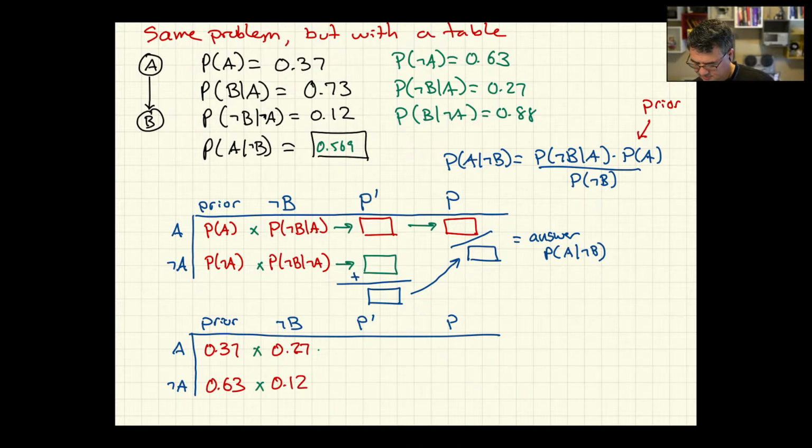Multiply those together, and I get 0.0999. And then when I multiply the other two together, I get 0.0756. Then I'm going to add those together, and I get 0.1755.